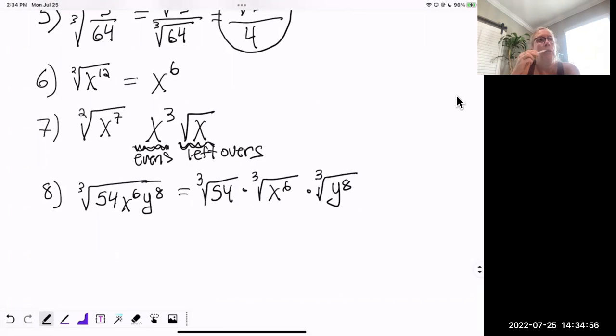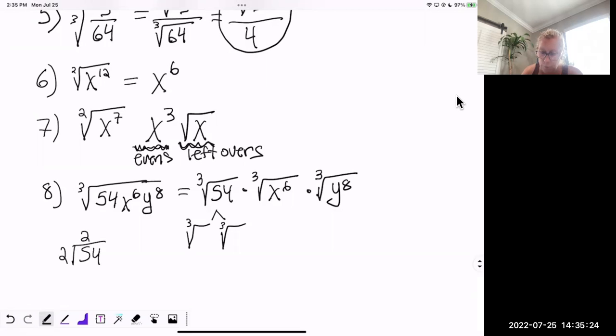Is there a number that multiplies by itself 3 times to be 54? No. But we can break that down. What is a perfect cube that's inside 54, the biggest one? Well, what I do is I always start by dividing by 2. It's even, so I can divide by 2 just to see what I have.